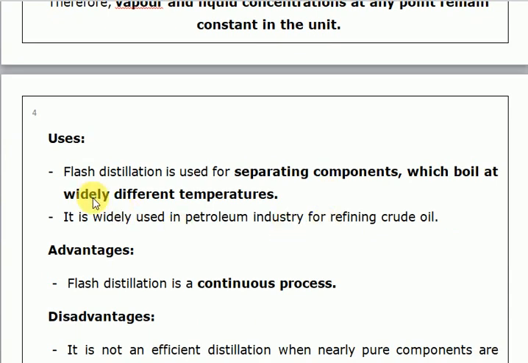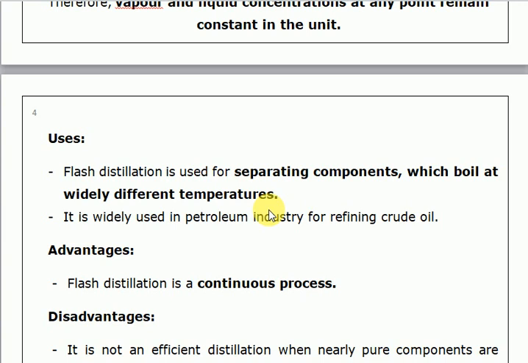Use: flash distillation is used for separating components which boil at widely different temperatures. Now what does this mean? Suppose the boiling point of A is 60 degrees and the boiling point of B is 25 degrees Celsius. So what will happen? The 60 degree component will get condensed faster.